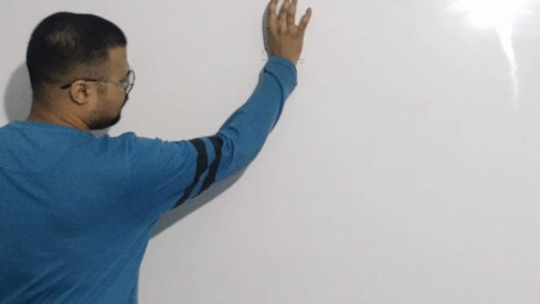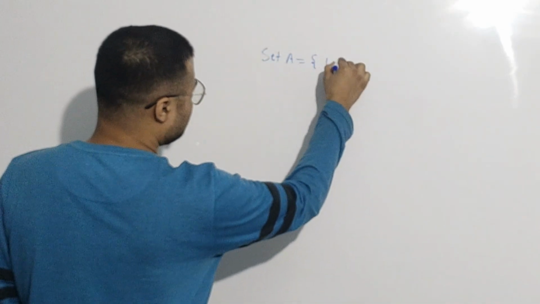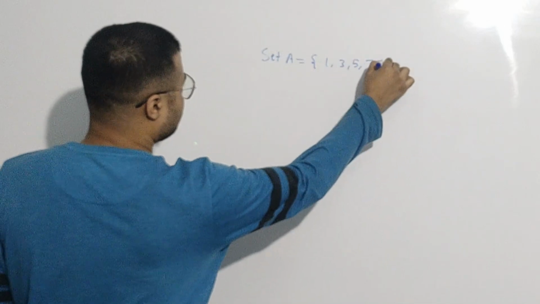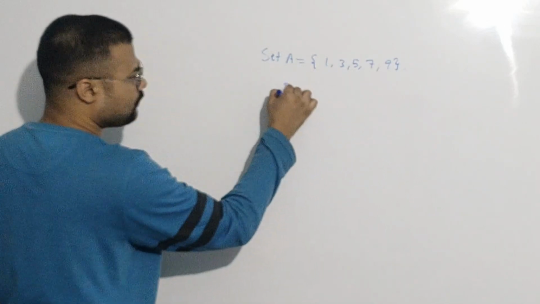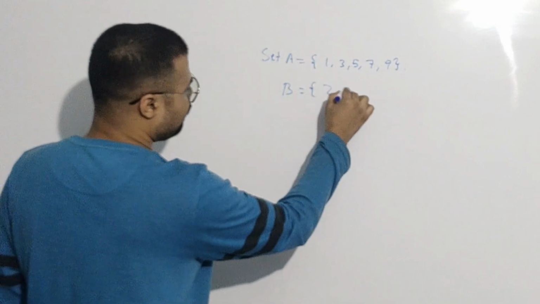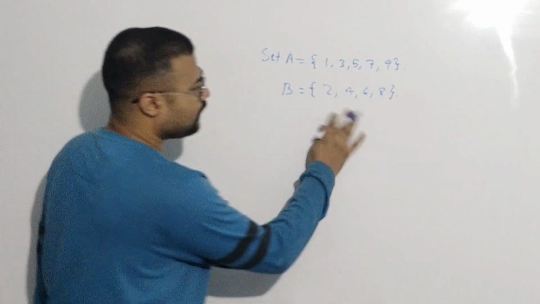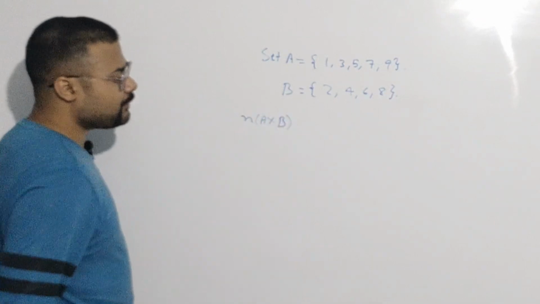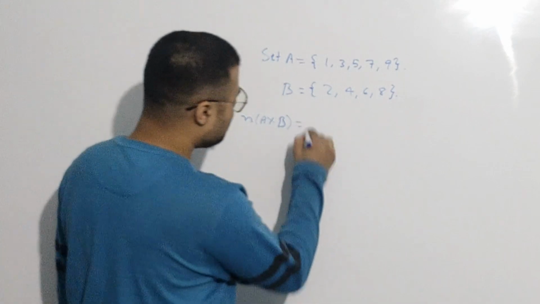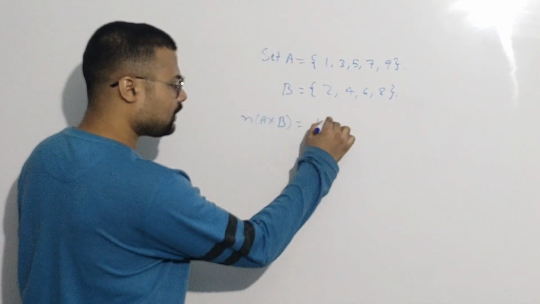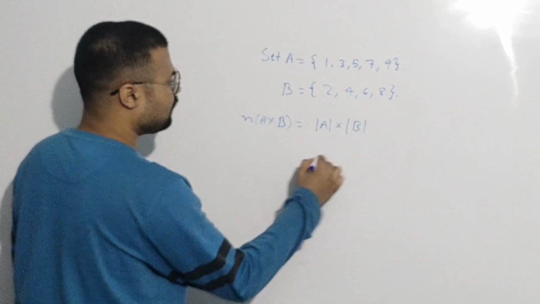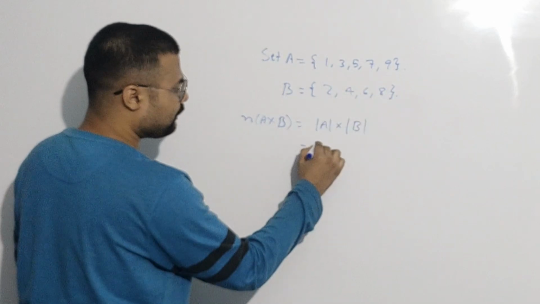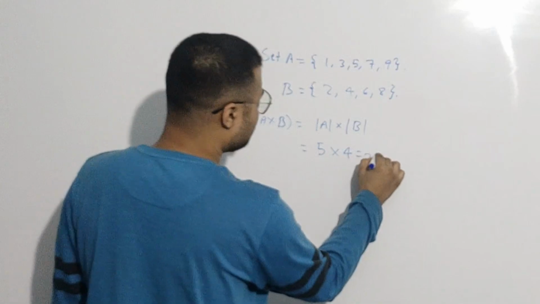Let's say I have two sets, sets of numbers only. Let's say set A is 1, 3, 5, 7, 9 and B is equal to 2, 4, 6, 8. How many elements are going to be in A cross B then? The number of elements in A cross B will be equal to the number of elements in A into the number of elements in B, which is 5 into 4, that is 20.